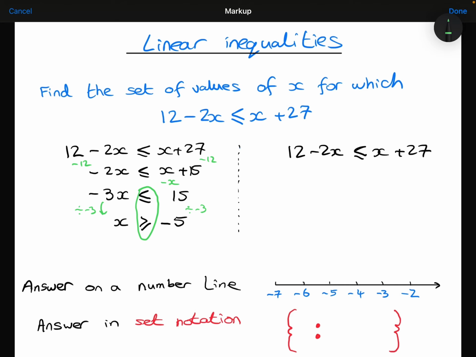That's one common mistake with inequalities. If you multiply or divide by a negative number, you must flip the inequality sign around. Me personally, I prefer to rearrange slightly differently to that. If it was me, I would add the 2x to both sides first.